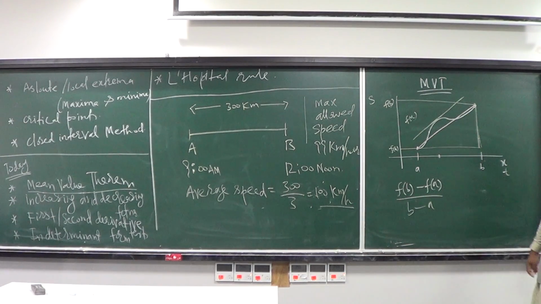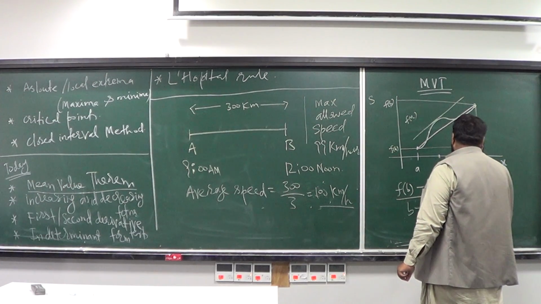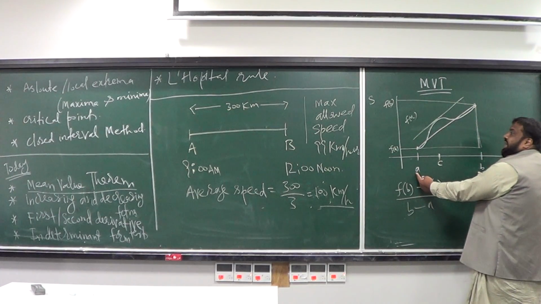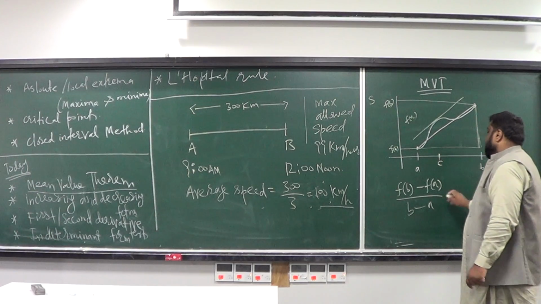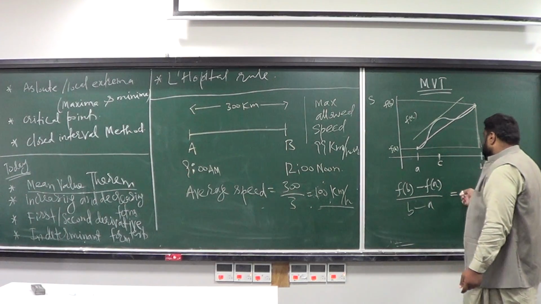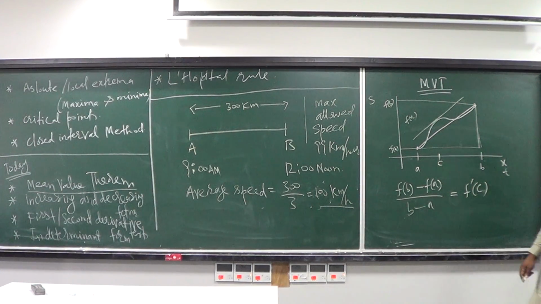So there must be a point C between A and B where the slope of the average change is equal to the instantaneous change at C.